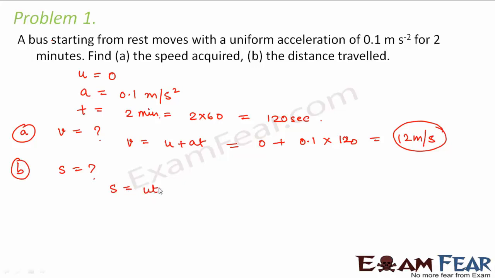So from the second equation, we can say s is equal to ut plus half at square. So now in this case, u is 0, so this comes out to be 0 plus half into a, which is 0.1, into t square, that is 120 into 120.